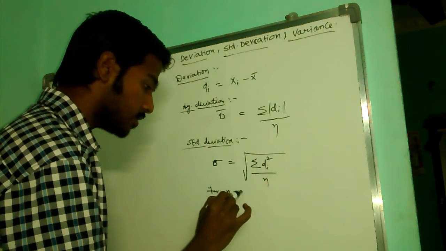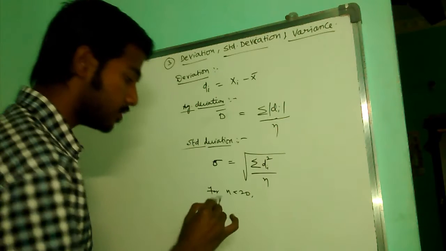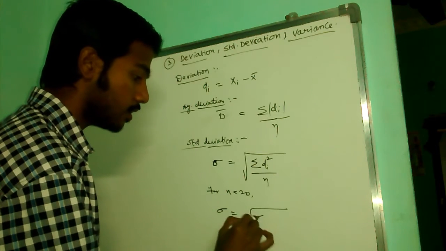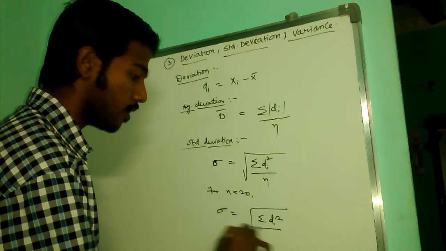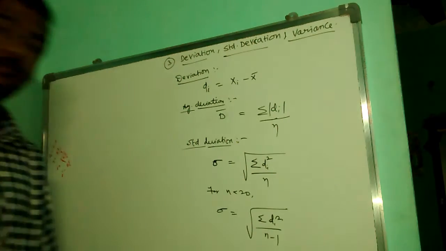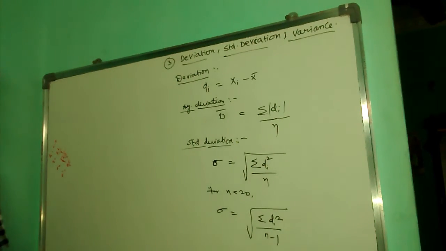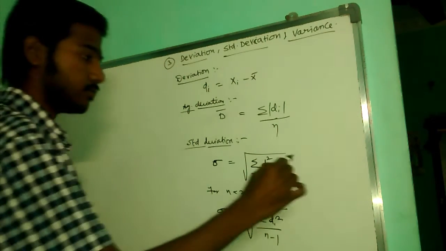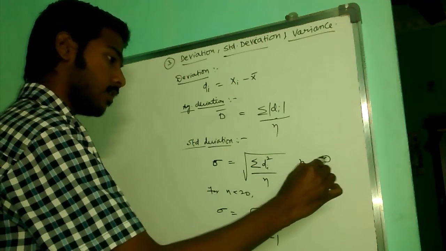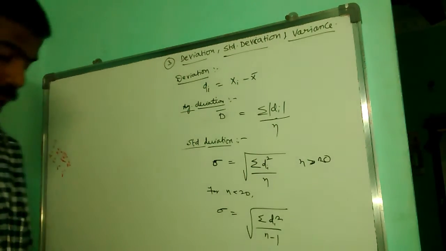Basically for n less than 20 readings or items, we take sigma to be the square root of the summation of di square by n minus 1. If more than 20, we take the one with n, for n greater than 20.